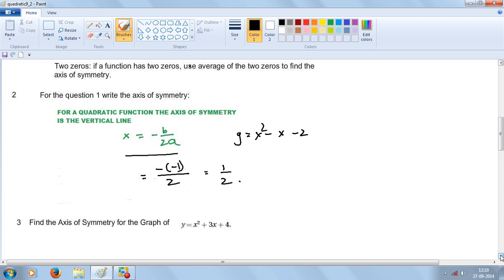So here, for a graph, find the axis of symmetry.